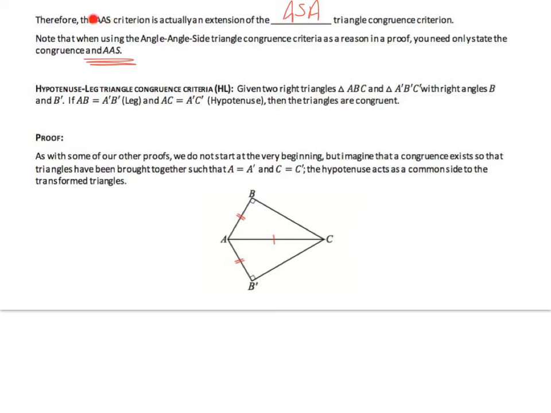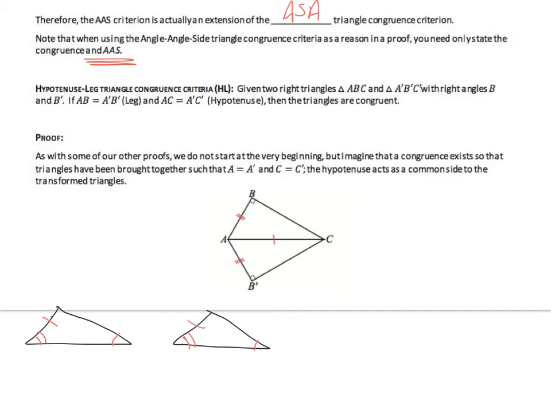So the AAS criteria is actually an extension of the ASA triangle congruence criteria. Let me draw a picture over here and I'll erase it in a second. I could also go back to the last picture. Okay, we know that angle, angle, and side.